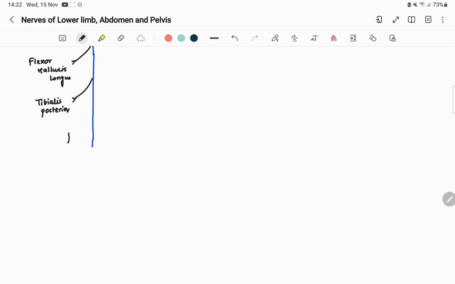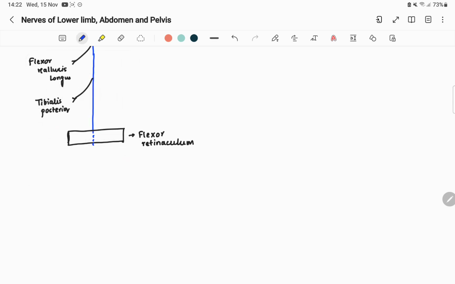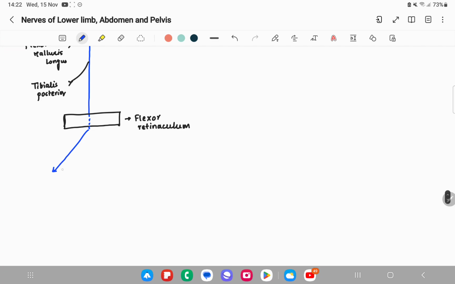These muscles, and it runs just posterior to the flexor retinaculum. Let's say this is the flexor retinaculum of the leg. It runs just posterior to it and divides into two more branches.